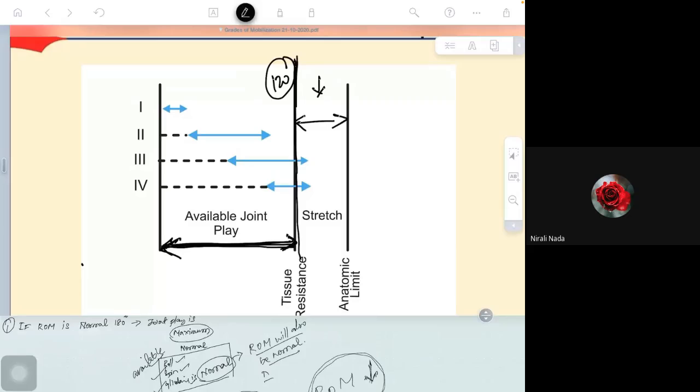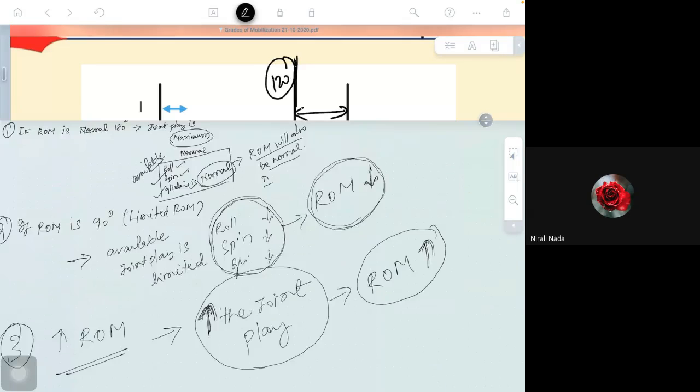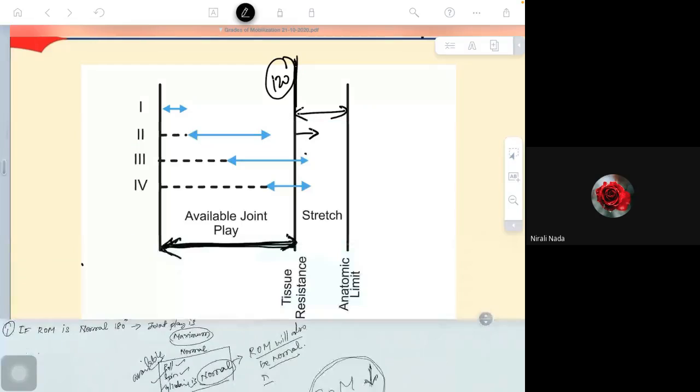So what is your aim? Your aim is to achieve or increase the joint play. If the joint play is increased here, automatically the range of motion will also increase.